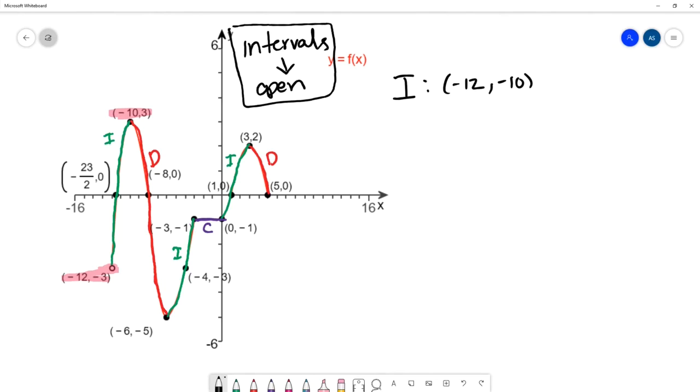Other books might be looking for closed intervals and you might have to pay attention to brackets, but in our class, you will only worry about open intervals when we're doing increasing, decreasing, and constant. So you would use parentheses on all of your answers for increasing, decreasing, and constant.